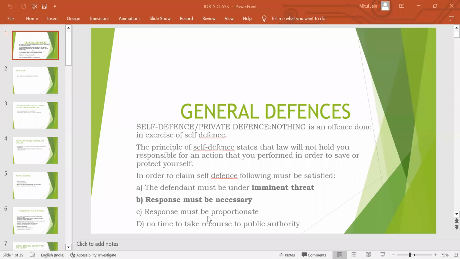How do you define law of torts? So, are you asking the definition of tort? Yes, I'm asking the definition of torts.